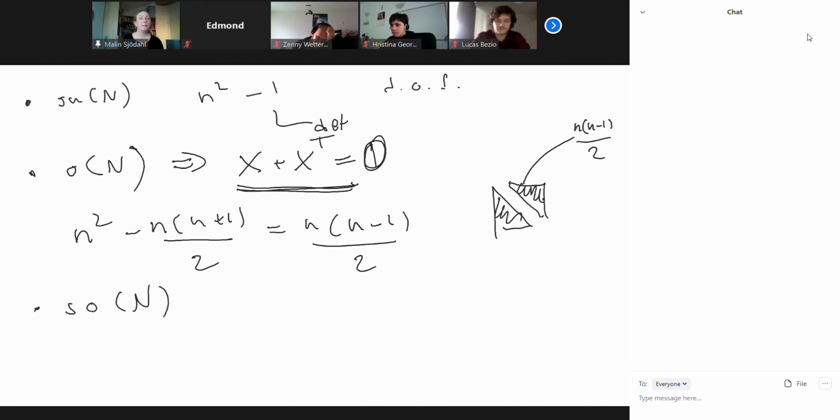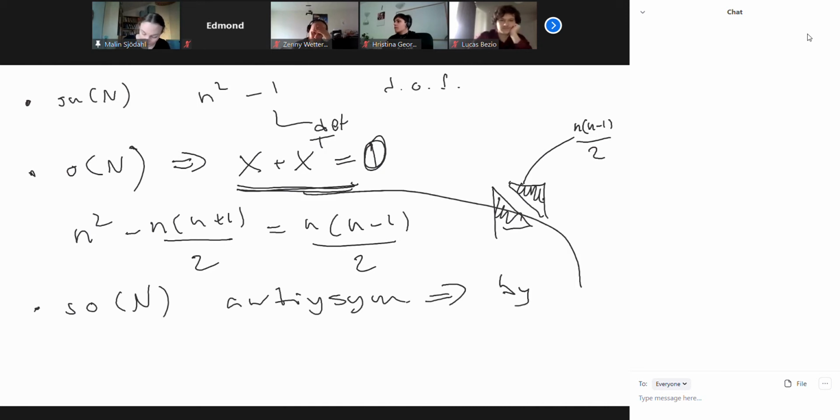So we already have that the diagonal is 0. Antisymmetry is imposed by this constraint, that the diagonal is equal to 0.